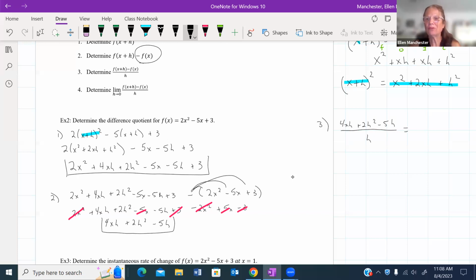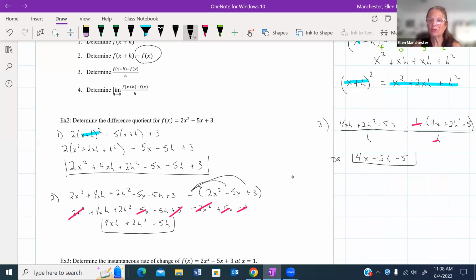And now I'm going to factor an h out of the top. Okay, so I factored the h out. I have 4x plus 2h minus 5. And now I can cancel the h's. So step 3, I end up with 4x plus 2h minus 5. Okay, that's your step 3.